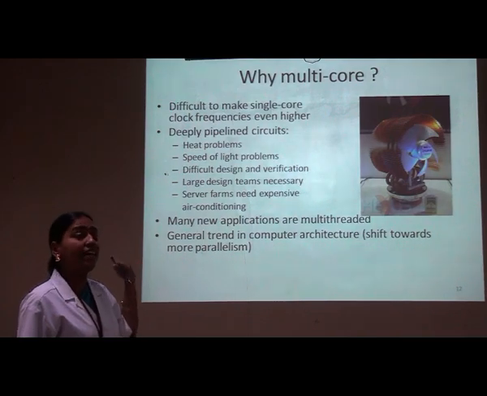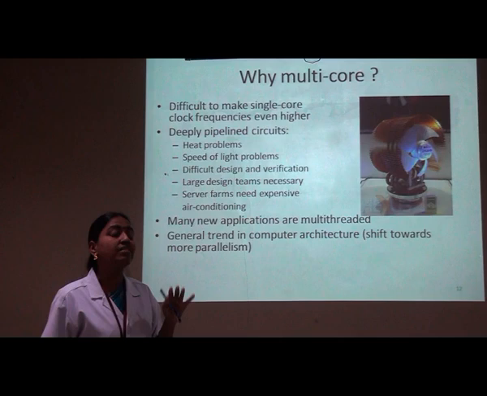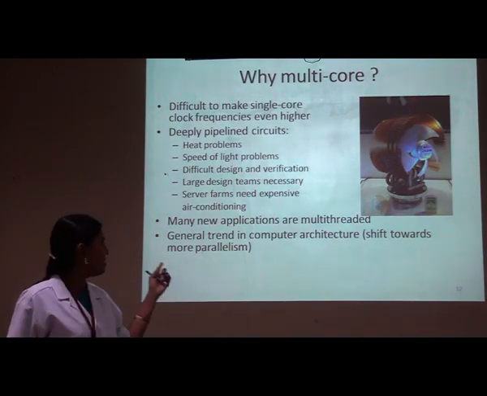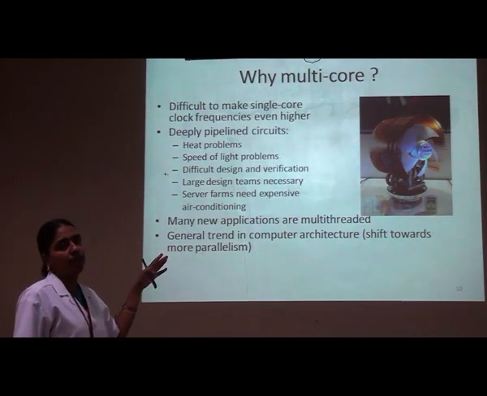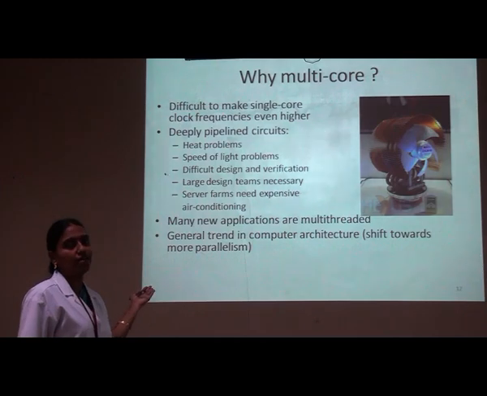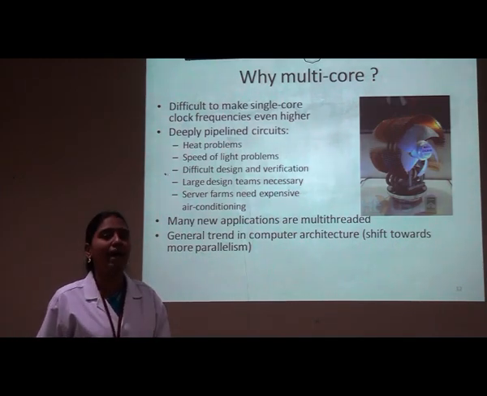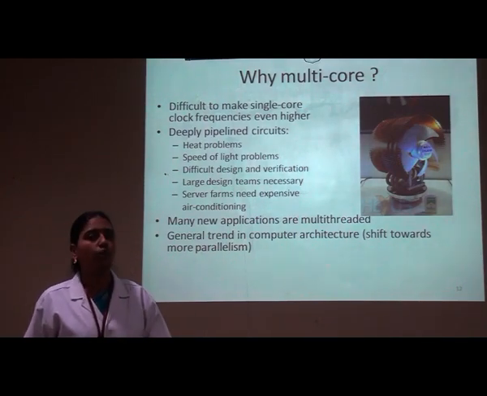Server farms need expensive air conditioning. In order to overcome all these drawbacks, we are moving from single core to multi-core processor. That is illustrated here. We are shifting our trends, our needs, towards parallelism. In order to achieve instruction level parallelism and exploit thread level parallelism, we are moving from single core processor to multi-core processor.